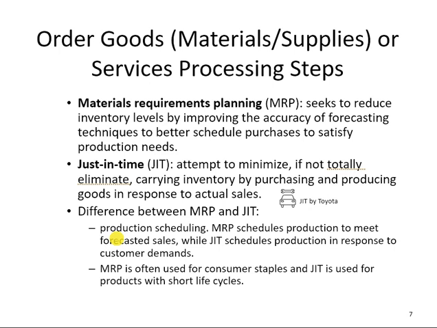Those will usually work better with JIT, because if you don't have the demand and you produce a lot of those products, and you couldn't sell them, you're going to suffer a huge loss.